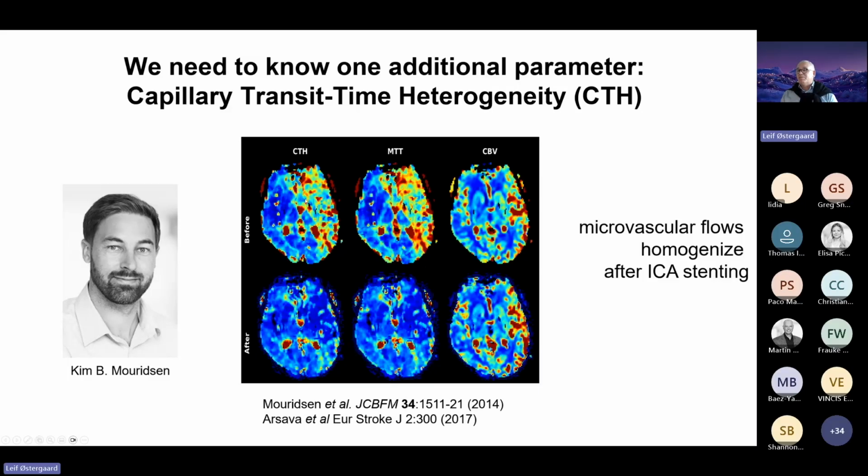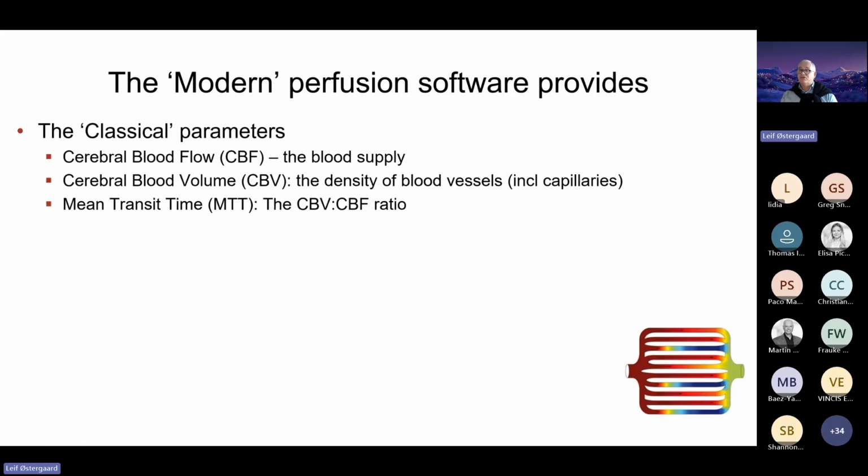This is in a patient with an internal carotid stenosis. You can see how transit time is prolonged, and so is transit time heterogeneity, and it normalizes after treatment. So we have the tools now we need to actually measure this capillary phenomenon and its impact on oxygenation.